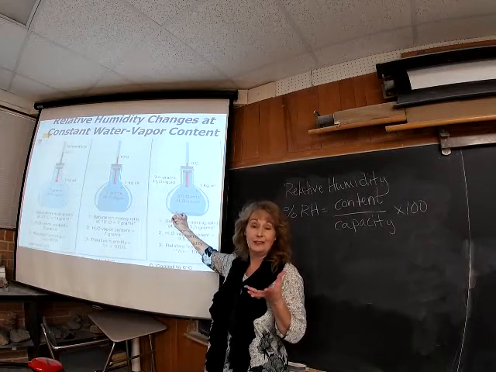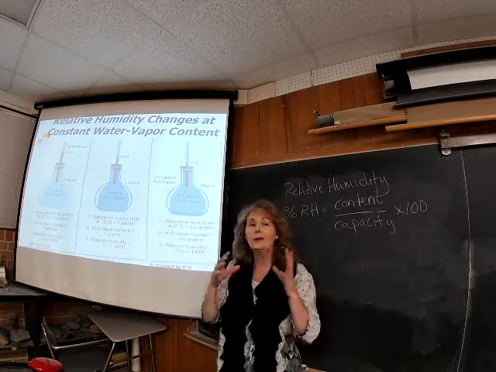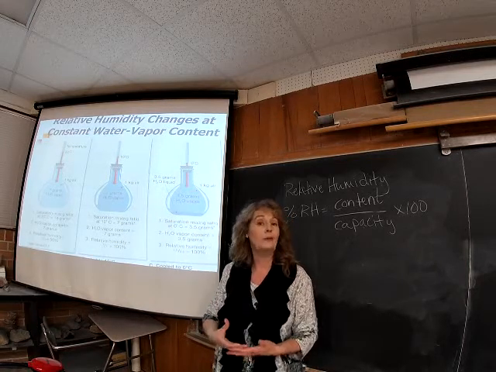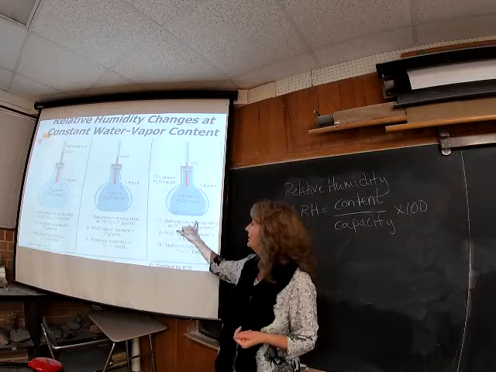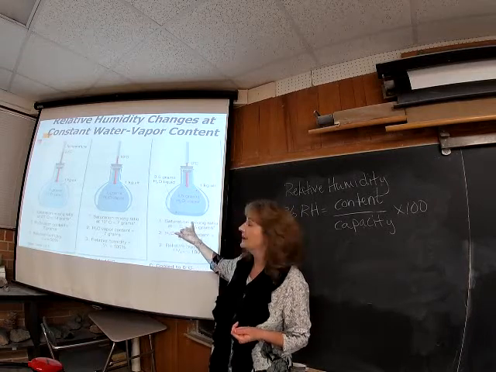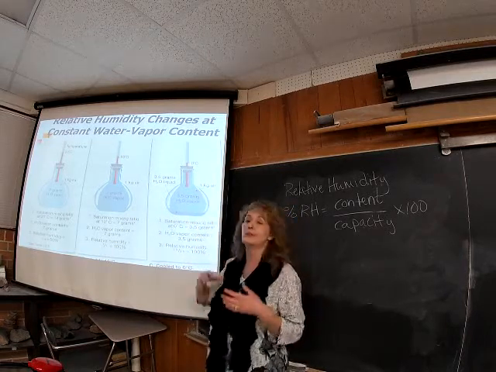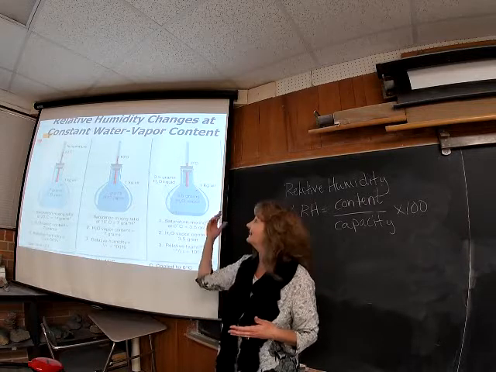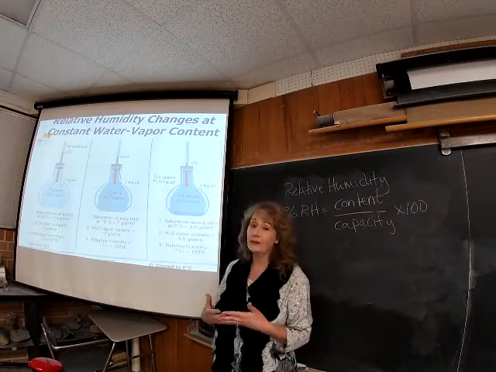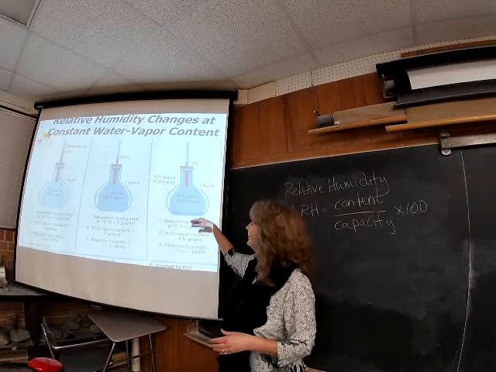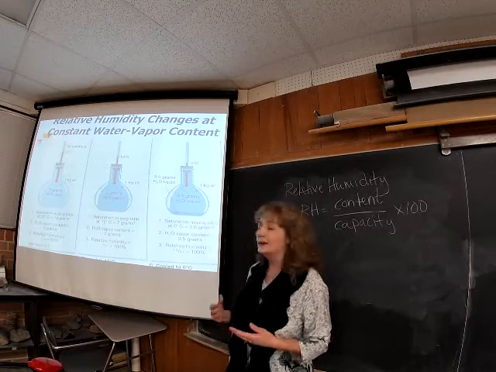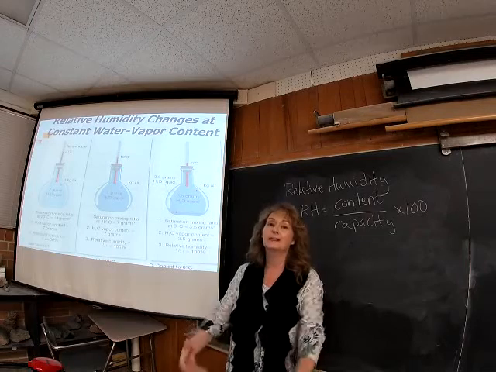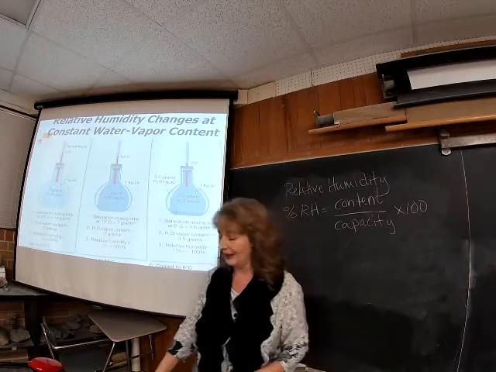Remember, we had 7 grams of water vapor. It could only hold 3.5, so the other 3.5 condensed out in the form of liquid water here. We would call that dew, right? So we basically hit our dew point at 0 degrees Celsius. We could not hold any more, and so that's going to condense right on out. So this would be saturated at 100% relative humidity, plus then the dew, the condensation that came out.